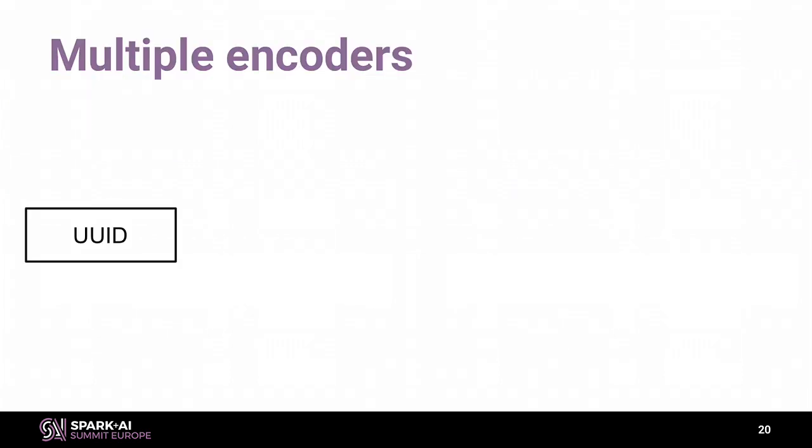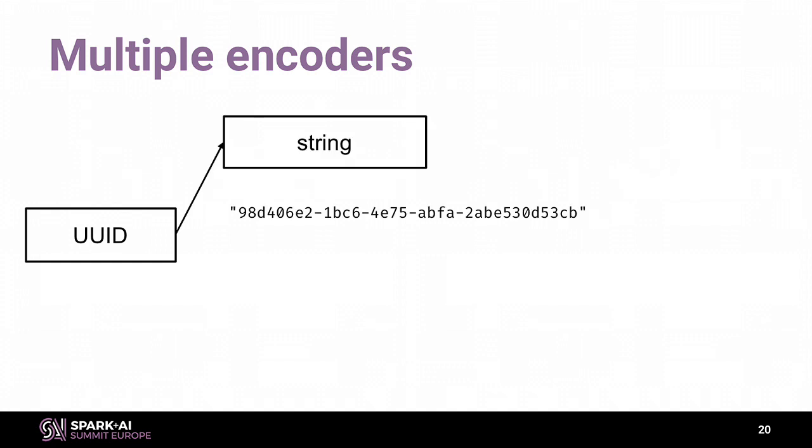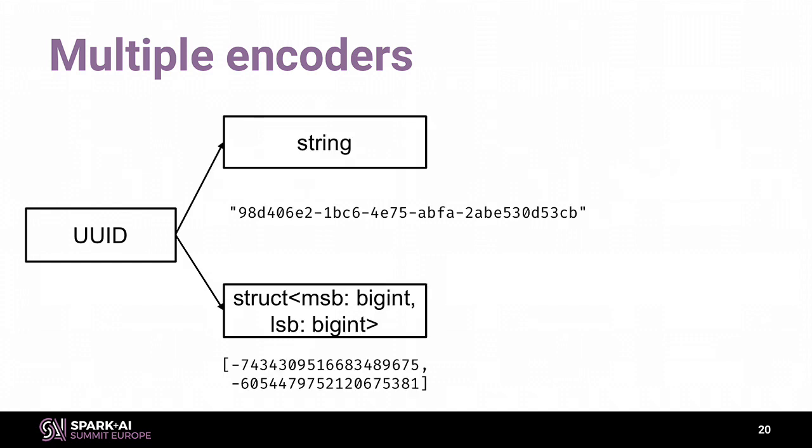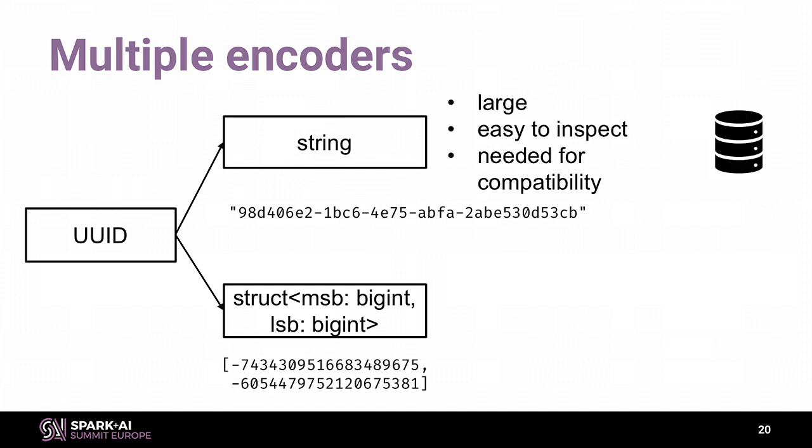Let's go on. One other feature you can use is multiple encoders. For example, for UUID, you can have a string representation as well as 2 longs. The idea behind this is you can use a string to store it in a database, but it's large for memory storage. It's easy to inspect.